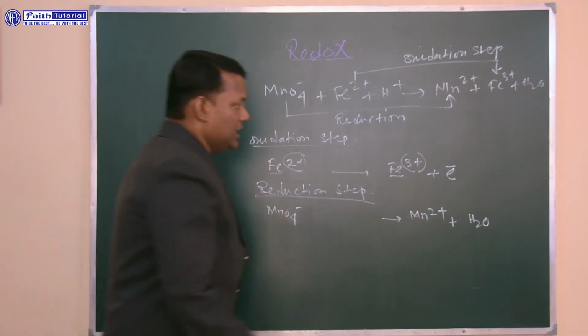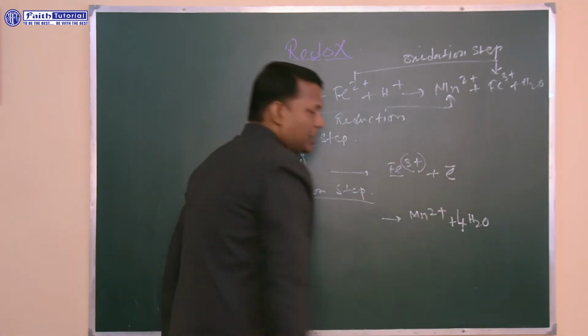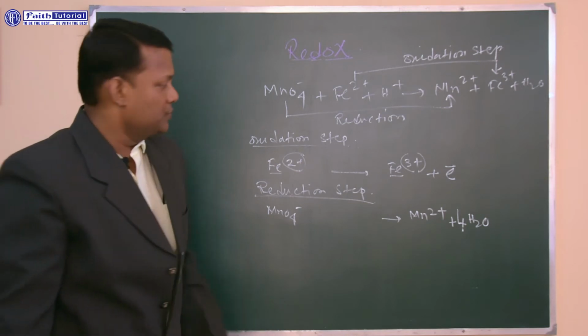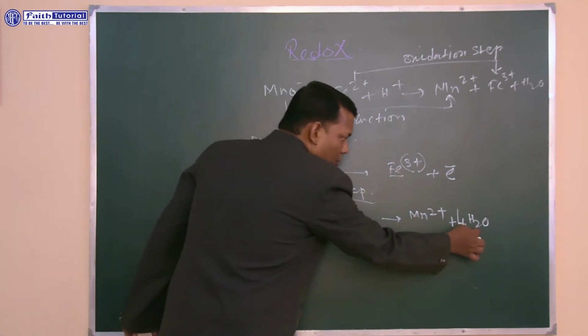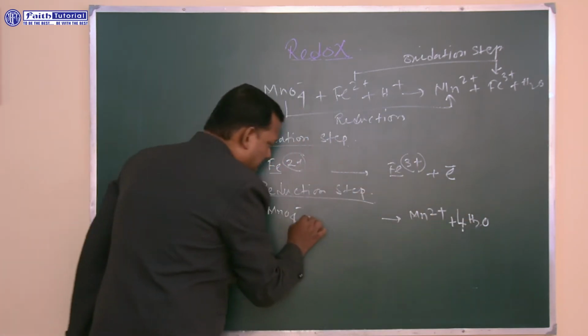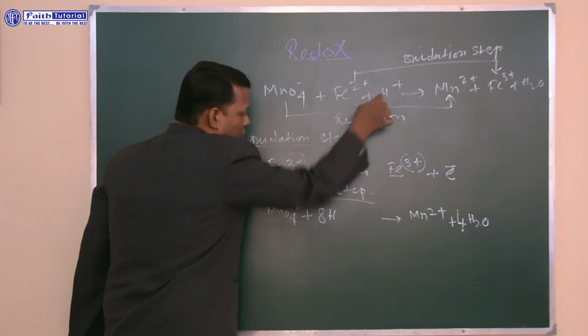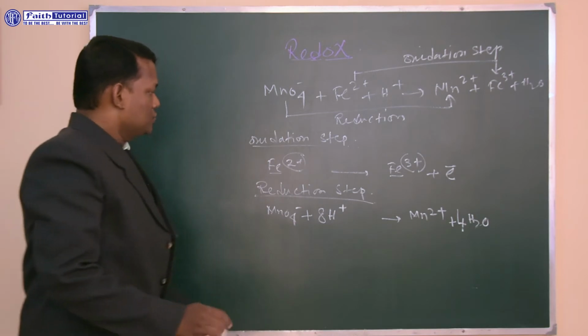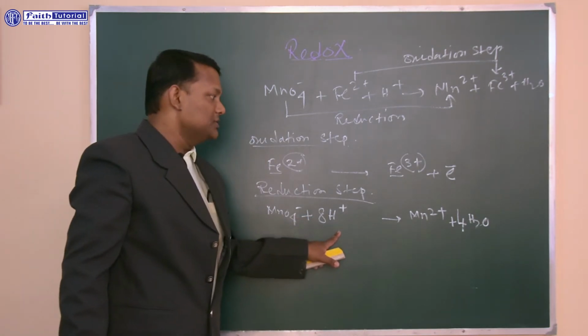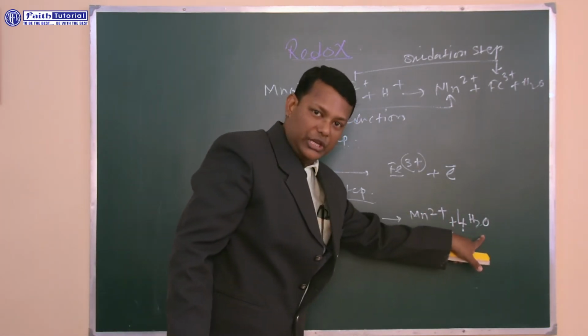So 4 oxygen can be balanced using 4 water molecules. To balance oxygen, we have taken 4 water, which gives 8 hydrogen atoms. So hydrogen will be balanced by using H plus. So I am taking 8 H plus to balance hydrogen.